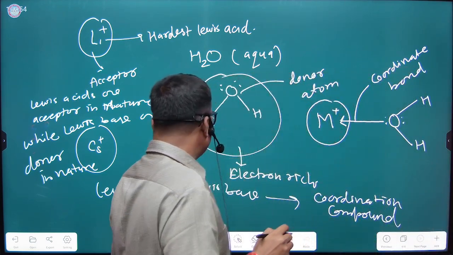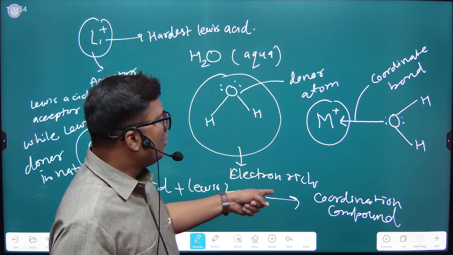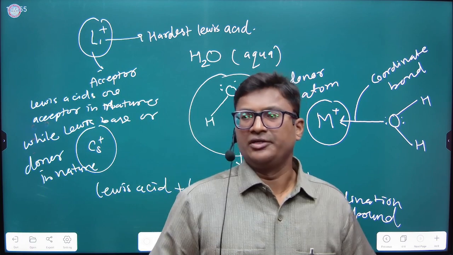So Lewis acids, when reacting with Lewis bases, form coordination compounds. This is coordination chemistry.